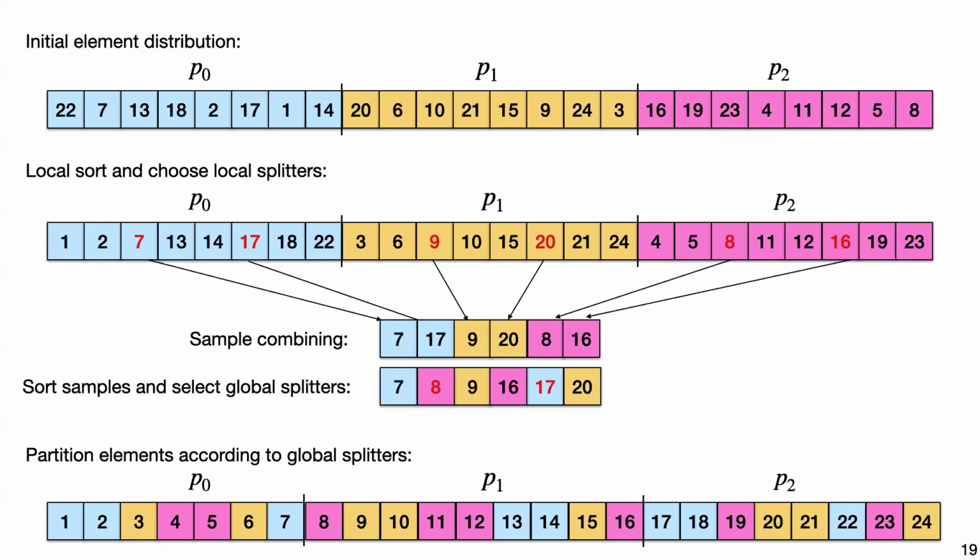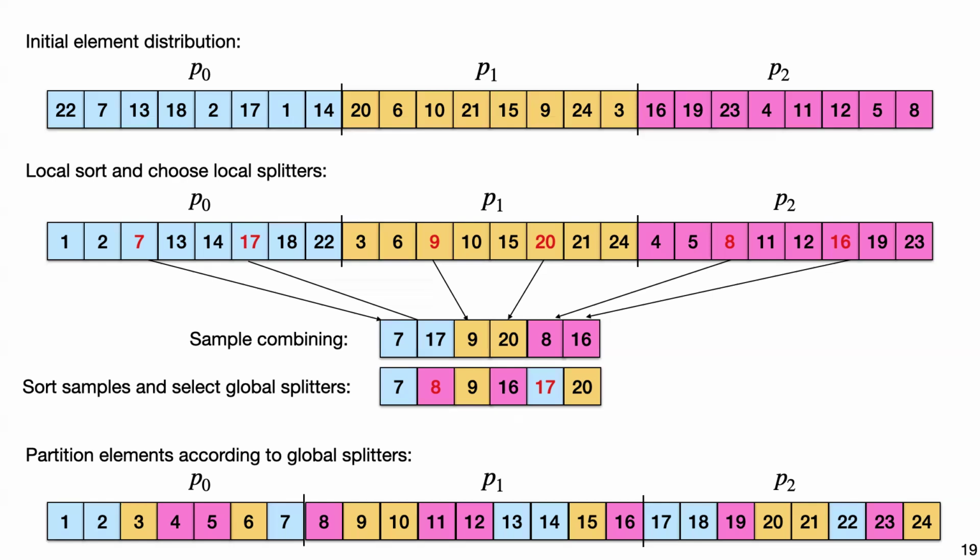So for P0, for example, we just sorted all these blue elements, and we pick just 2 elements evenly spaced, because there are 3 processes, so p-1 is 2. And this is evenly dividing the elements on P0. And we do the same in P1 and P2. So P1, we sort the yellow elements, and we pick evenly spaced elements here. And same on P2.